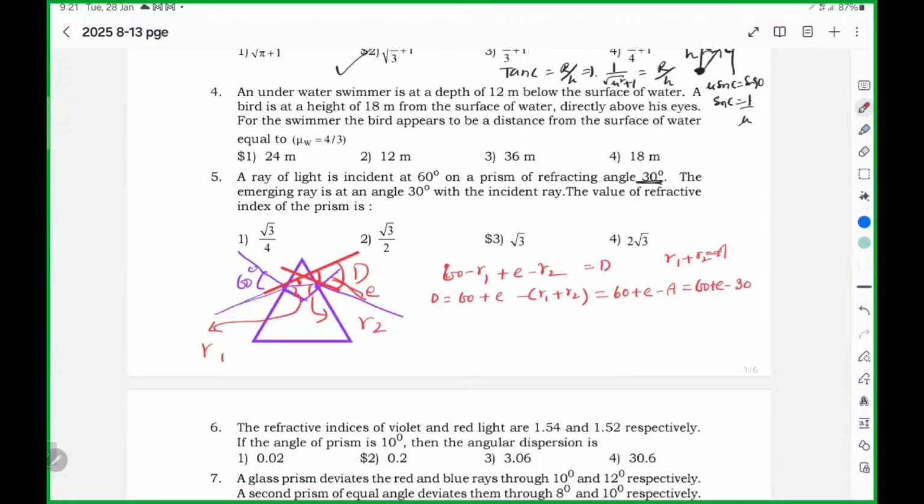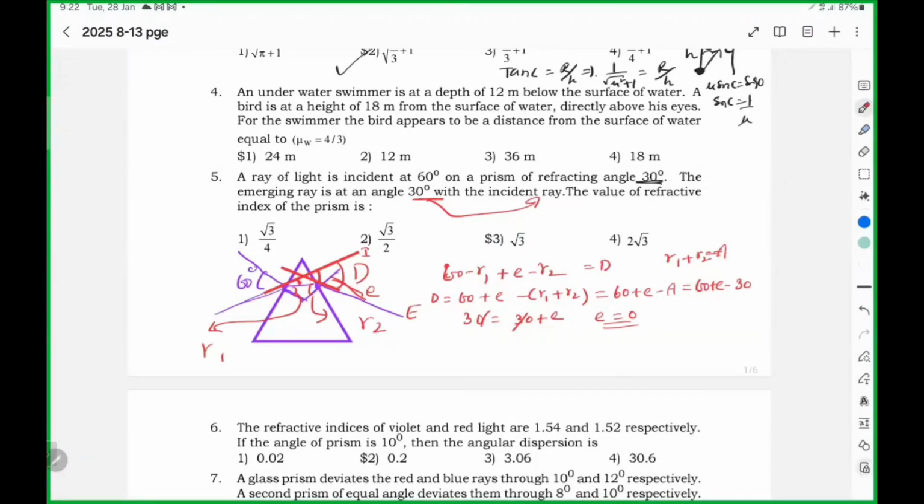Deviation also 30 degrees: the emerging ray makes 30 degrees with the incident ray. That is the deviation, which is 30, which is equal to 30 plus e. So the angle of emergence is 0.